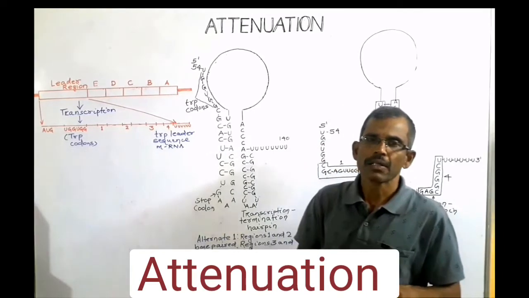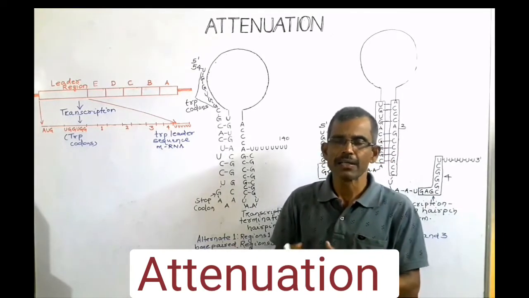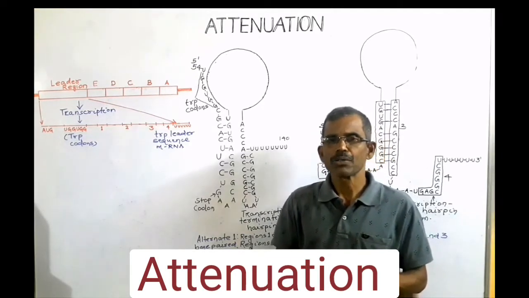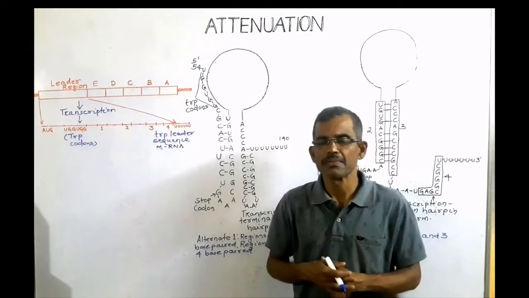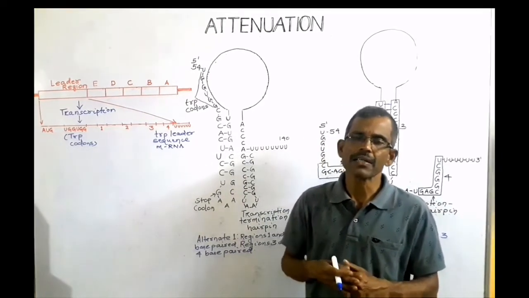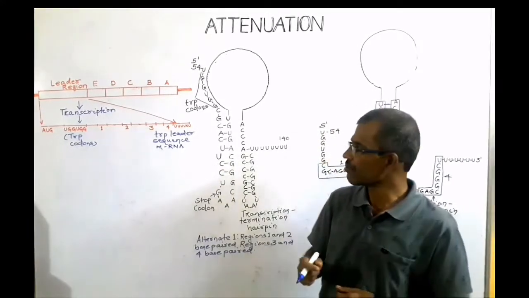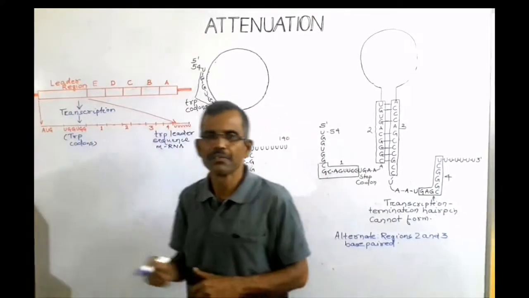That means the tryptophan operon can be repressed as well as de-repressed. This indicates that the biosynthesis of tryptophan biosynthetic enzymes is regulated at a secondary level that requires a specific sequence that is present within this leader region.